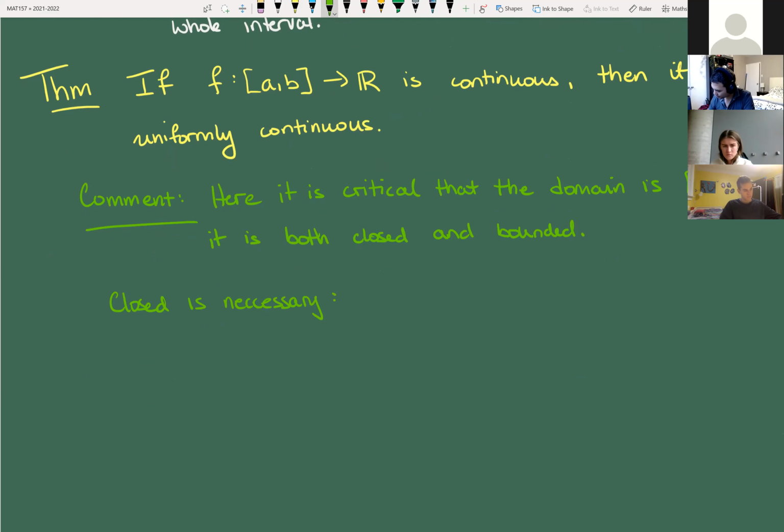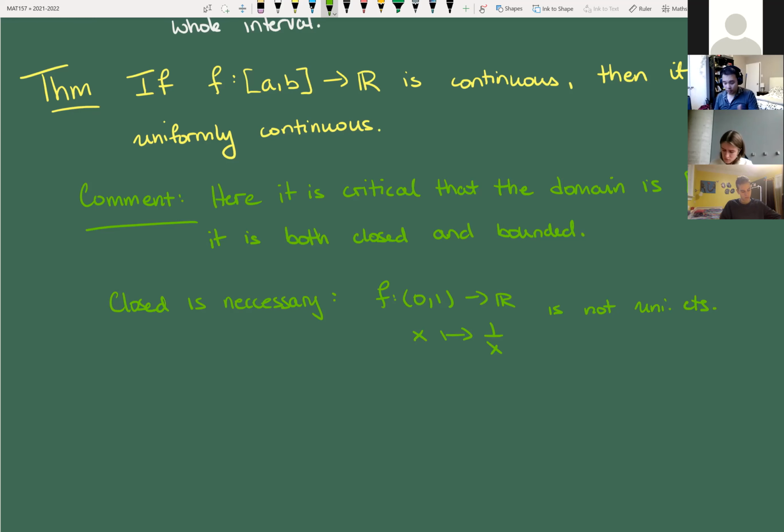Closed is necessary because if it's not closed, we could do something like this. Because the problem with 1 over x wasn't everything after, it wasn't the stuff that went to infinity, it was the stuff near 0, right? So the closed condition is critical, otherwise we could have things like 1 over x.